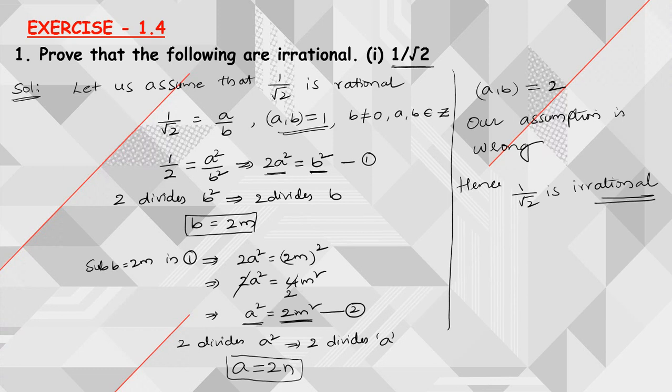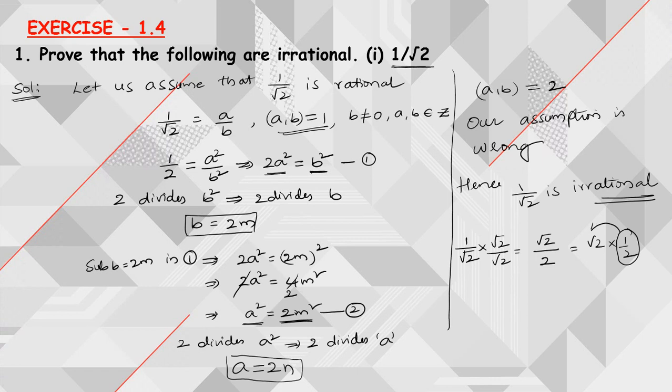So this is one particular approach. There is one more approach. We can consider 1 by root 2 and simply multiply and divide with root 2. Then I can write this as root 2 by root 2 whole square, which means 2, so this is root 2 into 1 by 2. Here 1 by 2 is rational.